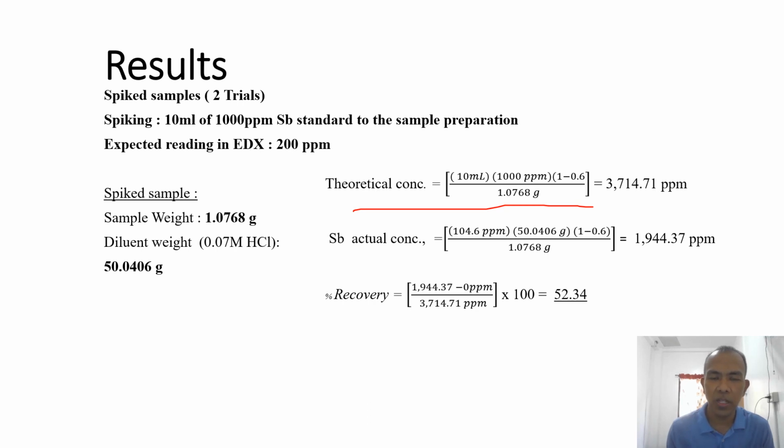The theoretical concentration depends on the sample weight. So nag-iiba-iba kanina. So for the theoretical, we have 3,714.71 ppm, and for the actual antimony concentration, 104.6 times 50.0406 times 1 minus 0.6 divided by the weight of sample.